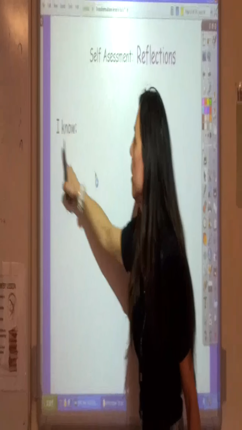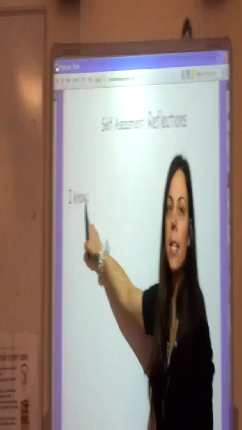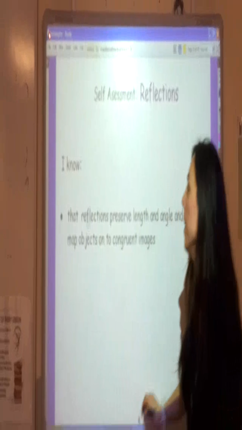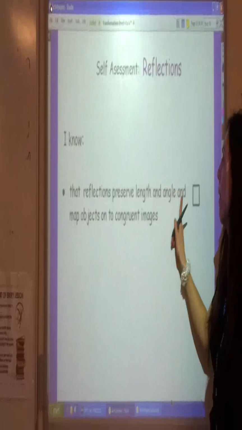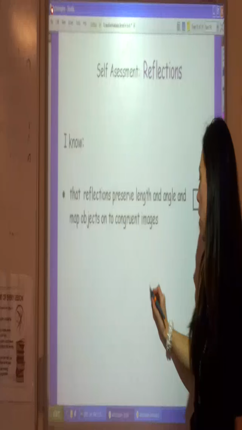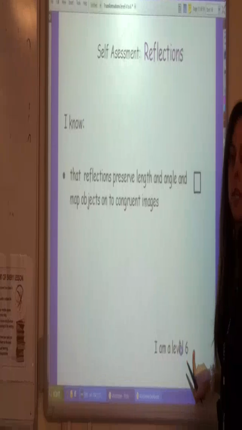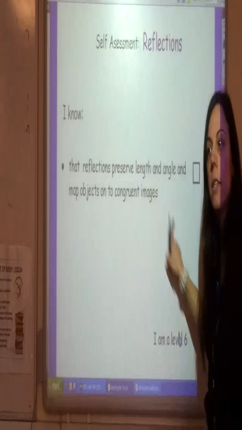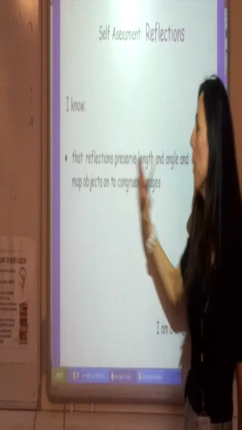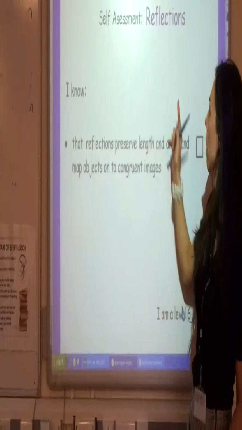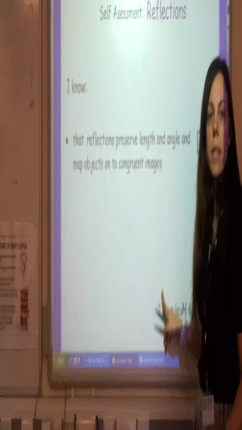Finally, notice for your level 6, it's not I can, it is I know. And I know that reflections preserve length and angle and map objects onto images. And for that, I am a level 6. What you need to do is to ensure that you have all these skills to get you up to the level 6.